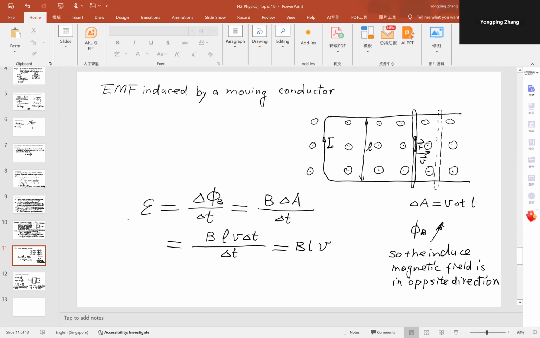So the induced electric field E is also downwards, because E equals F divided by Q. F is QVB, divided by Q is equal to VB.